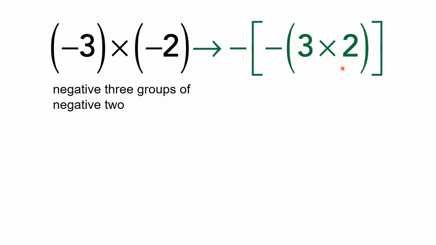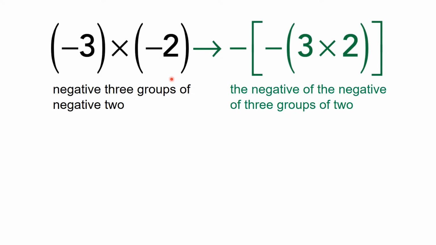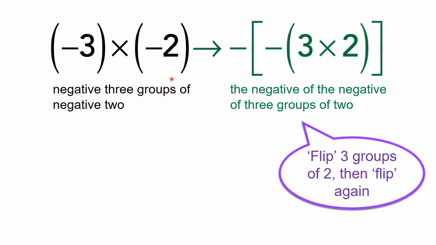We're taking the numbers, we're going to work out 3 groups of 2, but instead of flipping once, we are flipping a second time as well. We're having to flip a second time because we've got 2 negative numbers here, -3 and -2. So what we're going to do is work out 3 groups of 2.